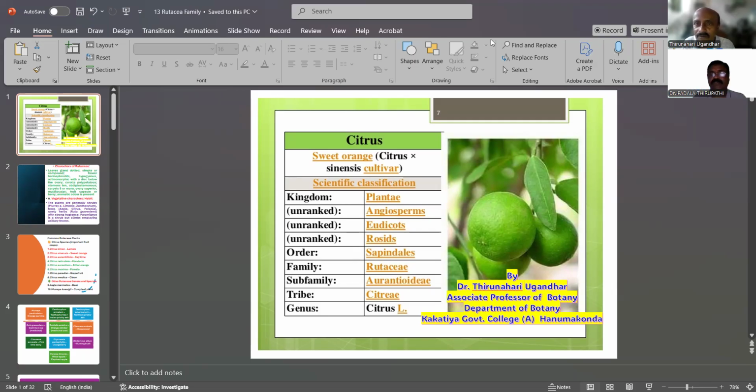Finally, you gave the idea in tabular form of the economically important plants. Most of the economic plants in Rutaceae are the most valuable, edible, and have medicinal properties, and fruits with high vitamin C content are available in this family. So that's why it is called the citrus family.